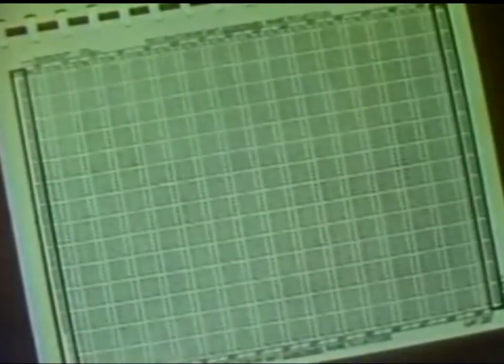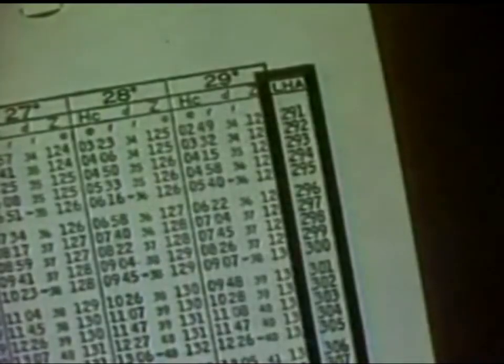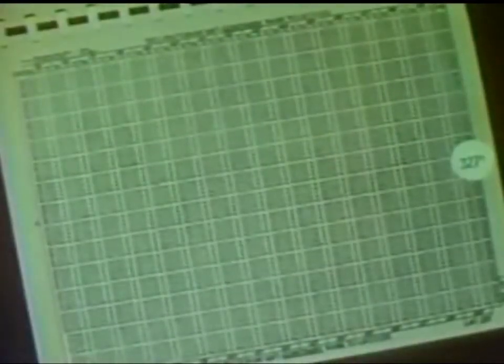Since your AP latitude is north and the sun's declination is south, you use the Contrary Name to Latitude table. Note there are two LHA columns, the one on the left for smaller angles, the one on the right for larger angles. Use the right-hand column to find 327 degrees.